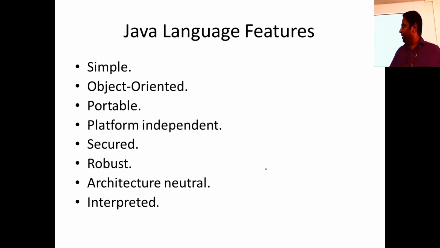We'll look at what bytecode is and why we use it when we talk about the Java environment. And they say it's secure, robust, architecture neutral, and also interpreted. These are some of the Java language features, and I was very much convinced with respect to platform independence.